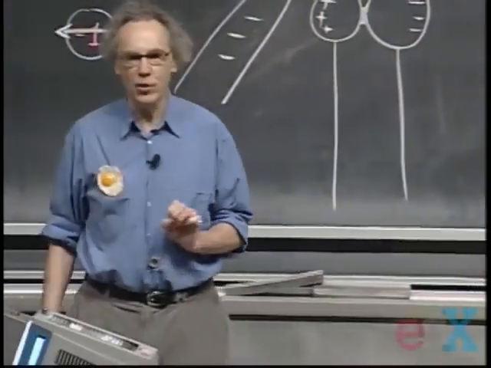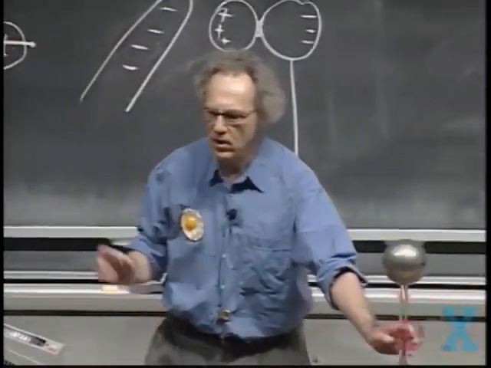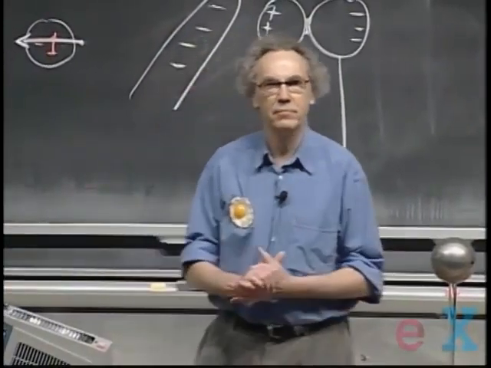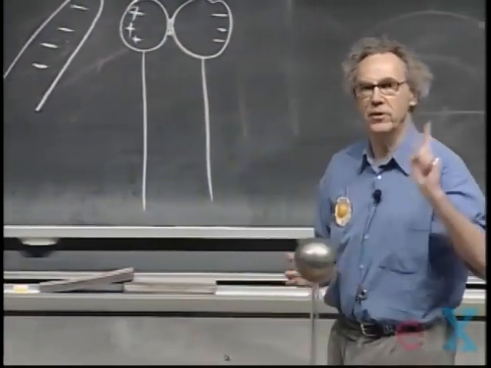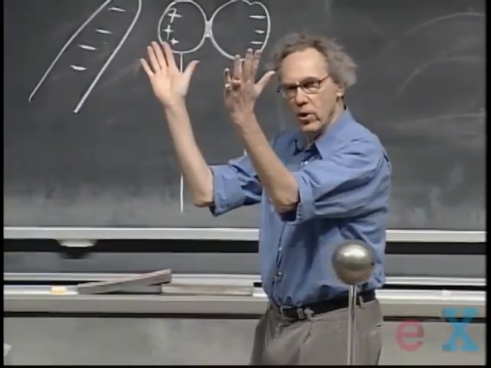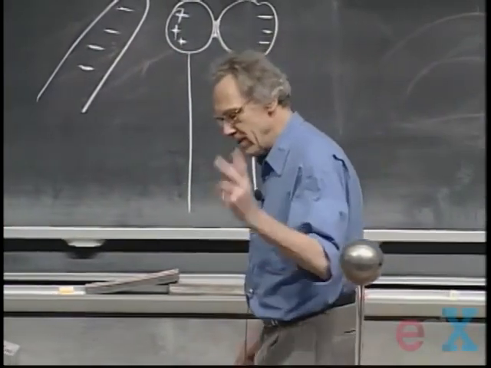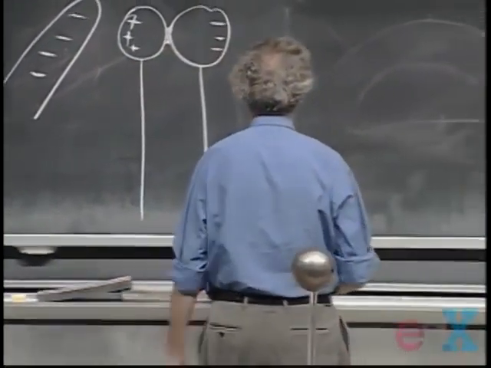Well, the way I will do that is I will approach this electroscope by bringing this sphere very close to it. And if this charge is different than the charge that is on it, the reading will become smaller. And why is that? Why will the reading become smaller?